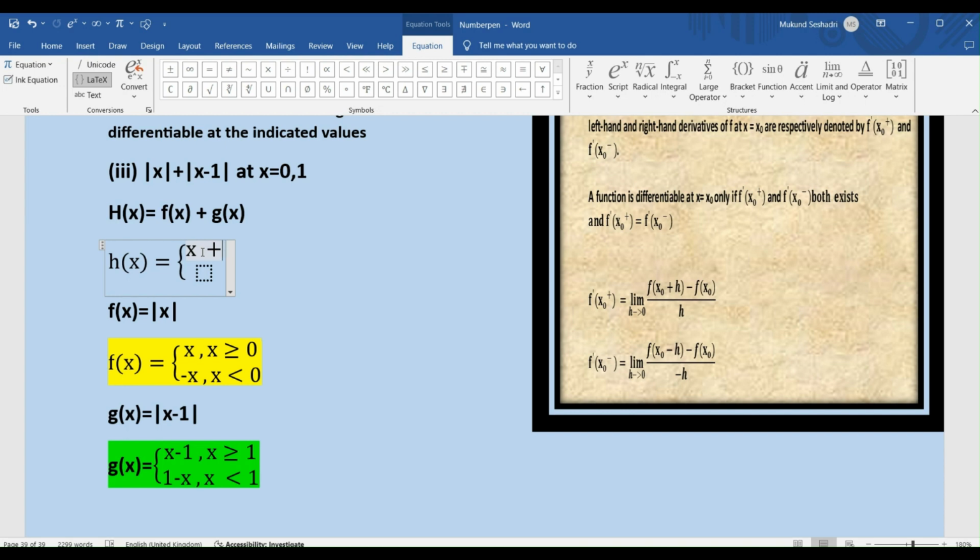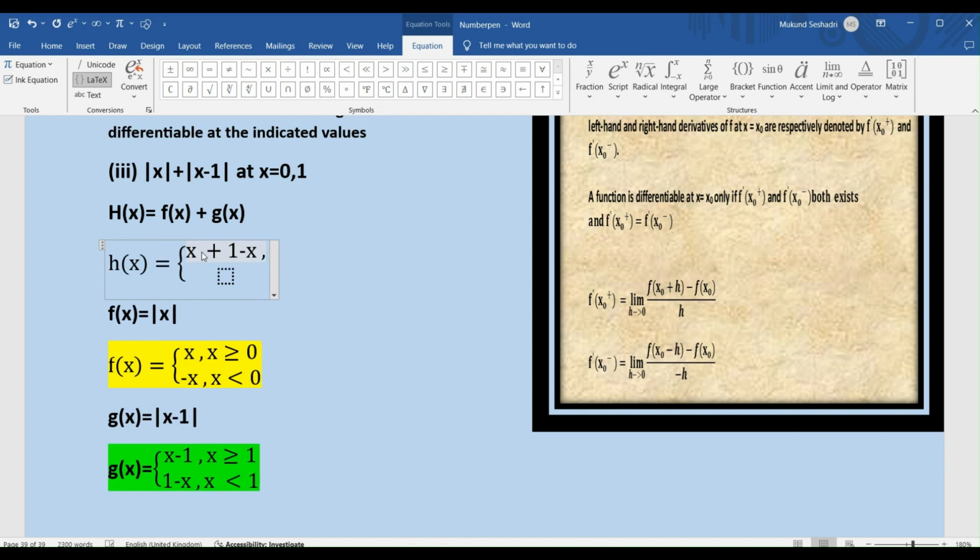So that is how I will have to rewrite this function. What happens is my h of x will take a value x plus 1 minus x for x greater than or equal to 0 and lesser than 1, right? I hope you folks are with me. And remember, we are still in the positive domain.